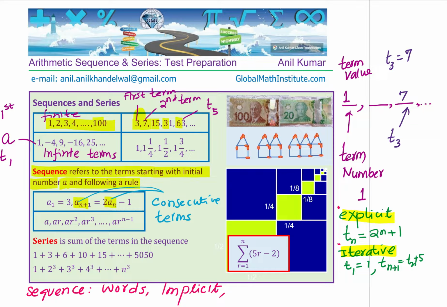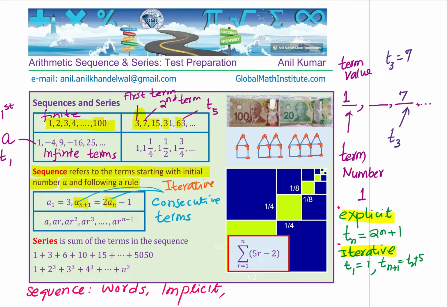So the next number which comes is related to the previous term, right? And these are together called consecutive terms. So we have related one term with the other. And that is the iterative rule which I was talking about. So I hope this concept is clear.